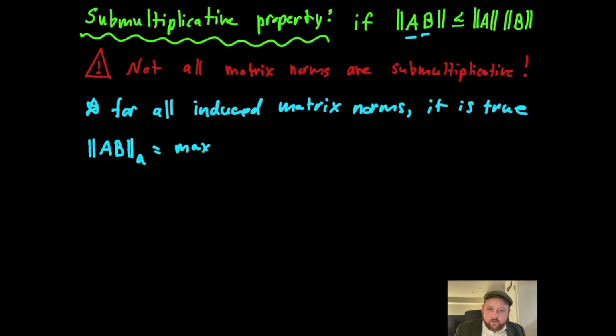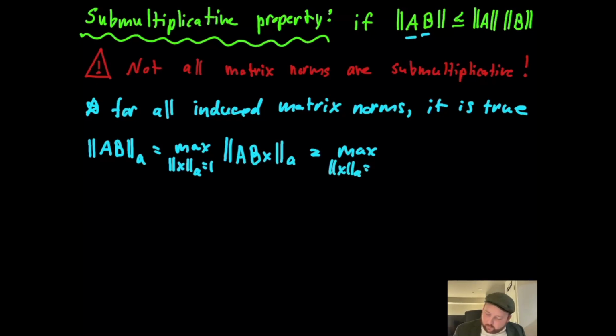By the definition of an induced matrix norm, this is the maximum over all vectors x of A norm equal to 1 of the A norm of ABx. Then I'm going to insert some parentheses because I'm allowed to do that, so this is the maximum over all vectors of A norm 1 of the A norm of A(Bx).